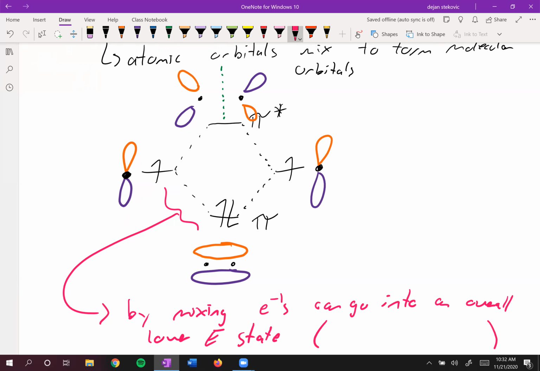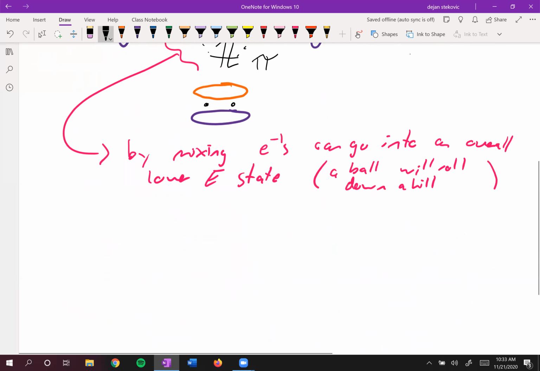And why do they want to go to an overall lower energy state? It's the same reason everything else wants to go to an overall lower energy state. If you think about a ball, it's going to roll down a hill if it can. And so the same way the ball goes to the lowest potential energy, these electrons and their orbitals mix together to find a lower energy state.